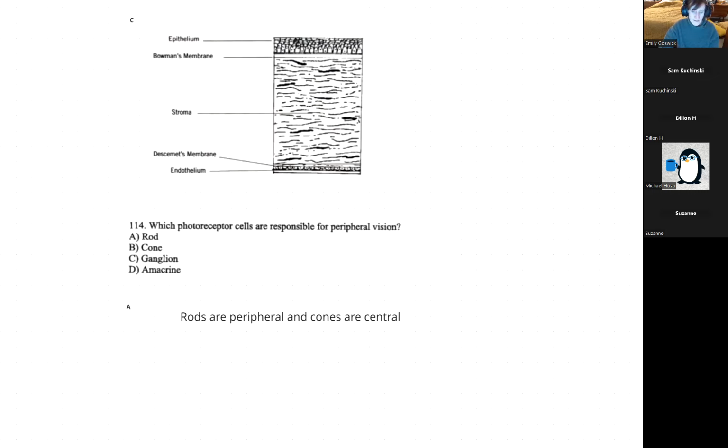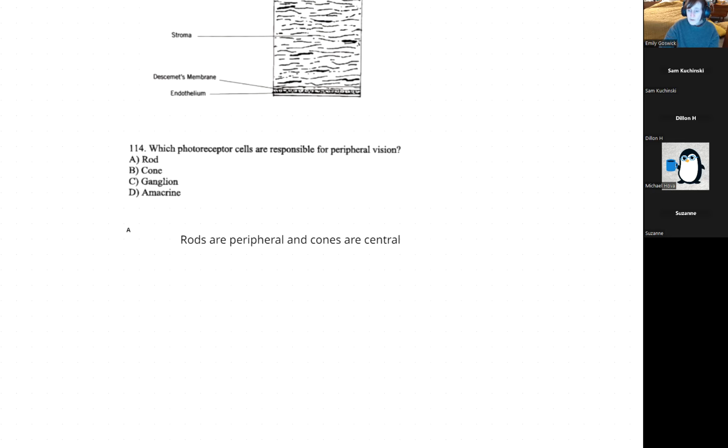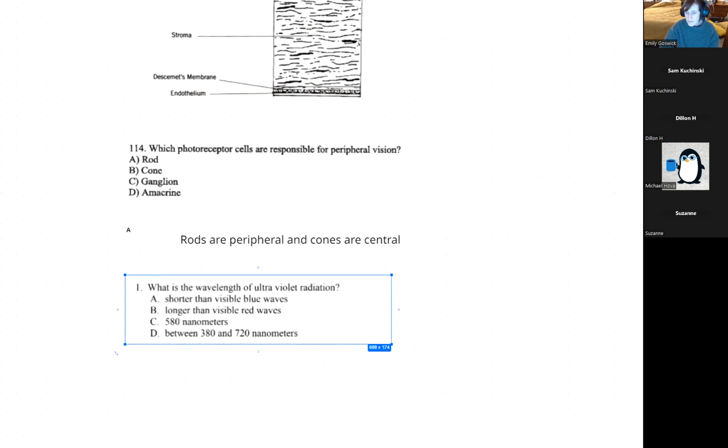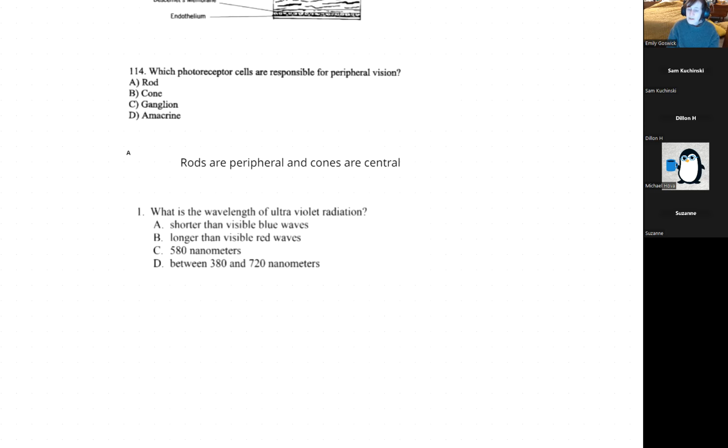All right, let's do a UV question. So remember, we always talk about UV protection and how AR provides that, how different lens materials provide that. Remember that UV ultimately stands for ultraviolet. I think sometimes we lose sight of that. But the question is, what is the wavelength of ultraviolet radiation?